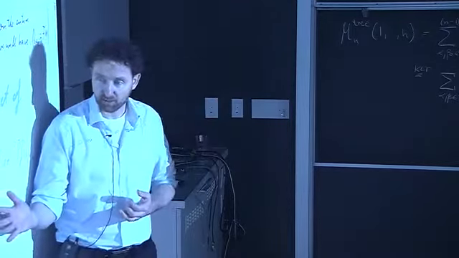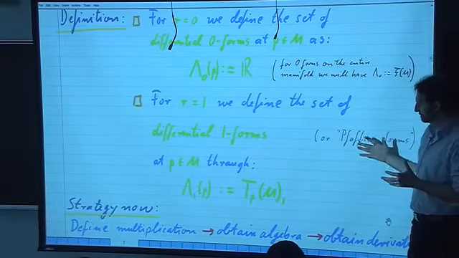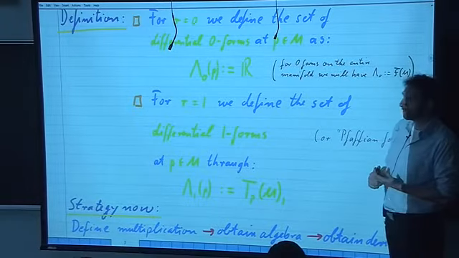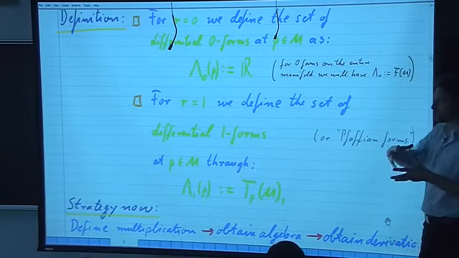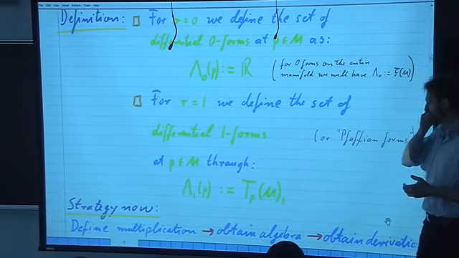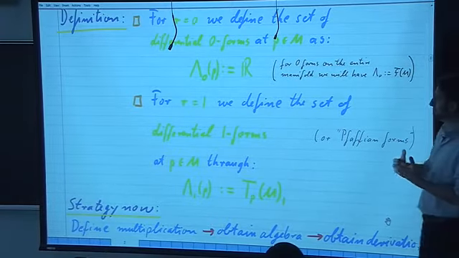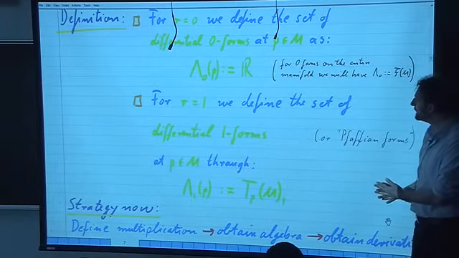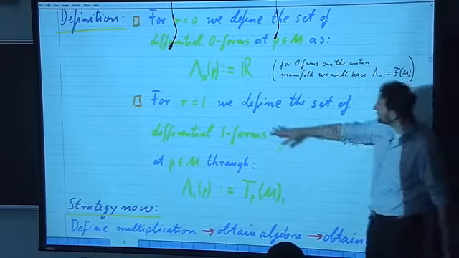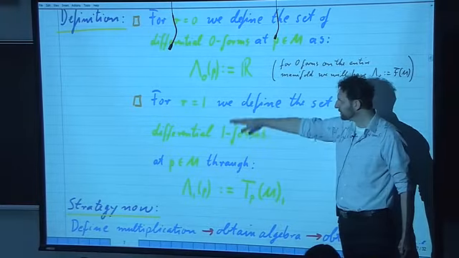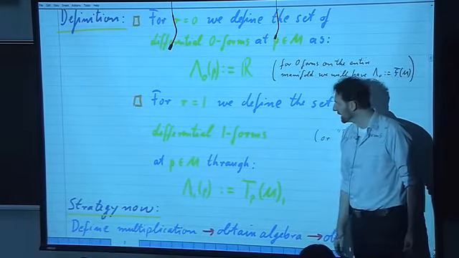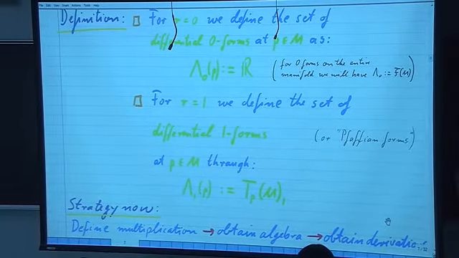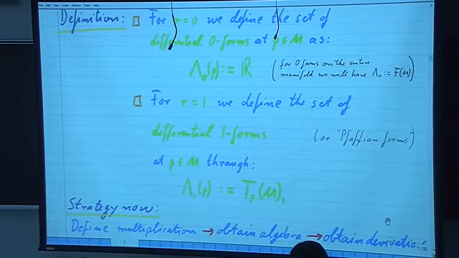It's going to be just like we did before with the algebra of functions on the manifold, or the function germs. There we considered linear maps which obey the Leibniz rule, and we obtain the tangent vectors in an abstract way. So here, let's see what we get when we turn the vector space of differential forms into an algebra, and then consider derivations on that algebra, linear maps that obey the Leibniz rule.